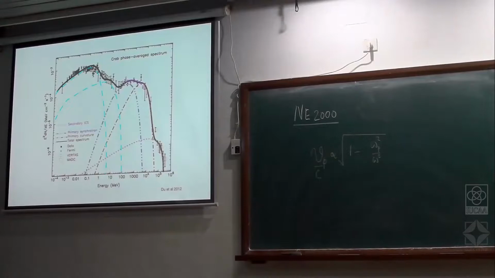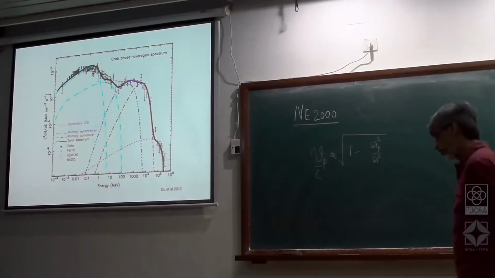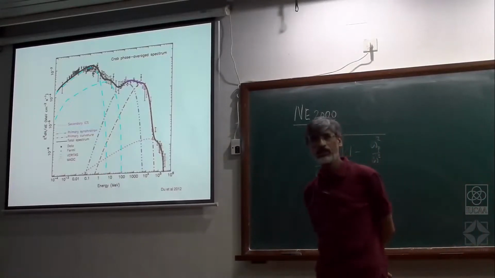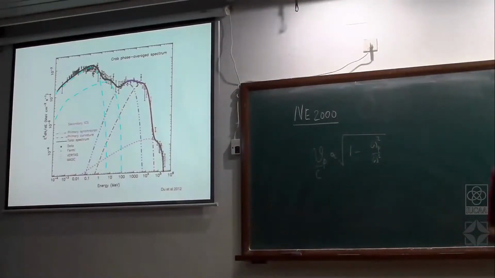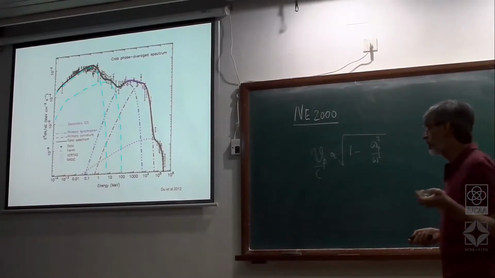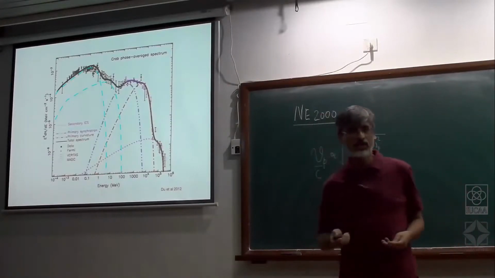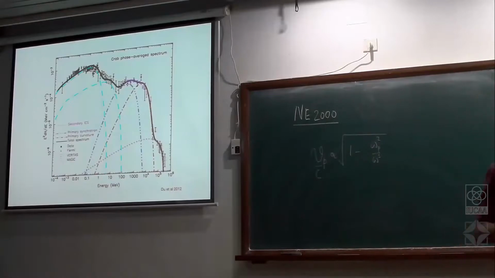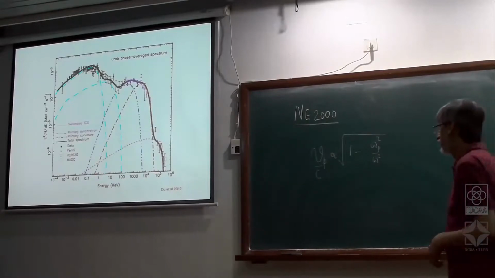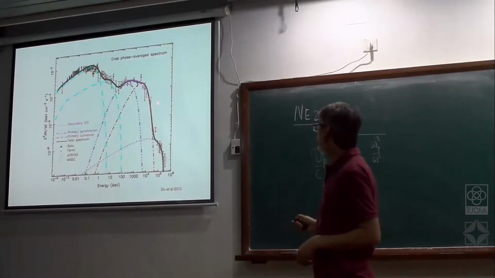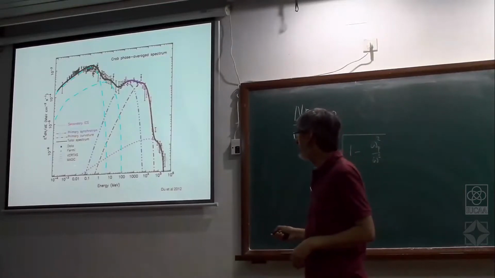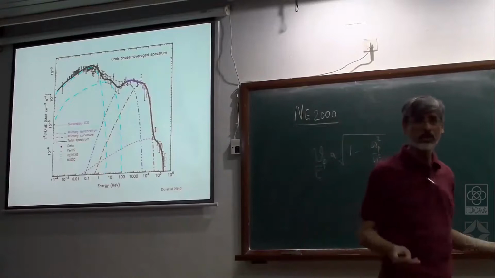So you have many attempts to model this spectrum in detail. This is not a unique decomposition. This is somebody's model. There are other models trying to explain this through different basic mechanisms. But the point is that the entire range of emission here, all this, is entirely non-thermal.